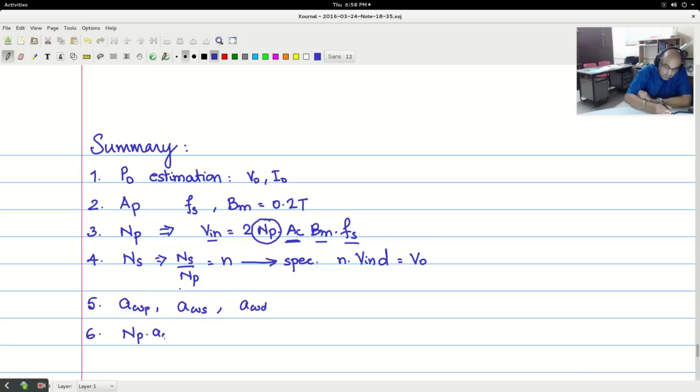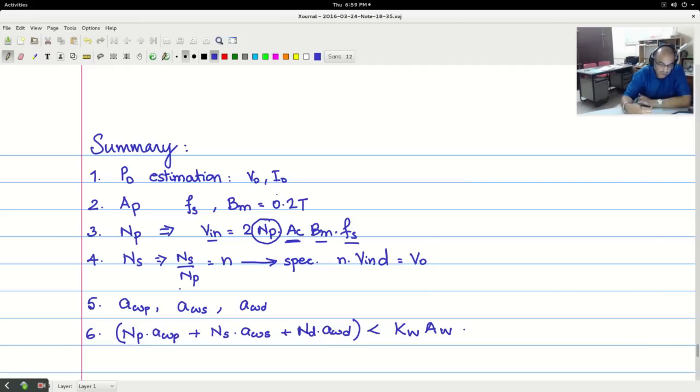NP into wire cross section area of the primary, plus NS into wire cross section area of the secondary, plus ND into wire cross section area of the demagnetizing winding. All this put together should be accommodated within the available window area. So all this should be less than Kw AW. So make this cross check. AW value is known the moment you choose the core from the area product value.